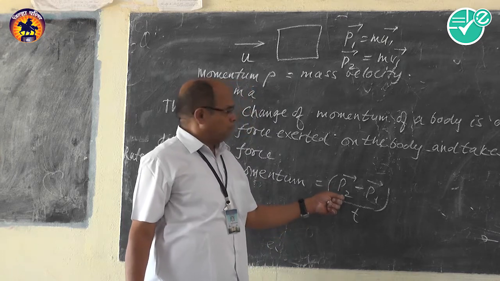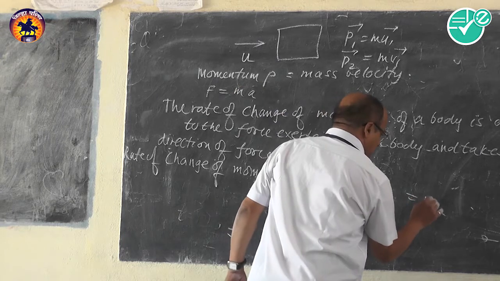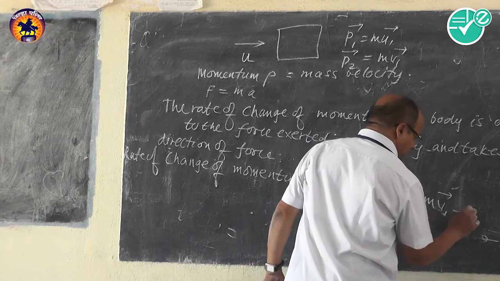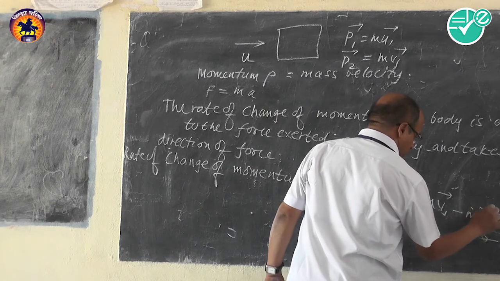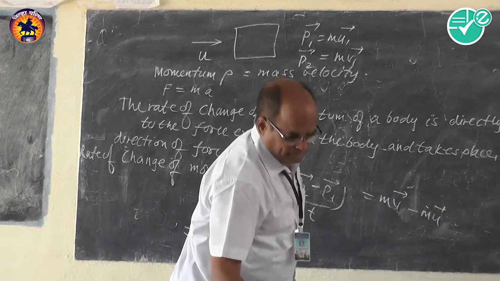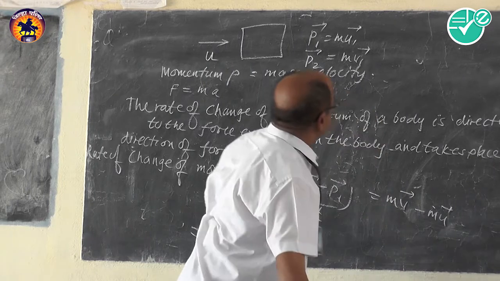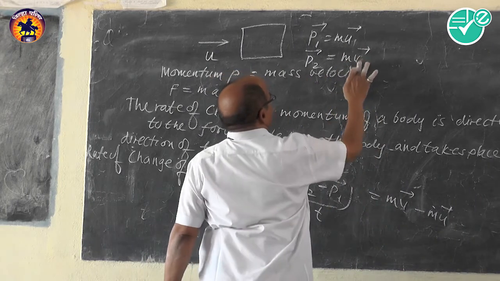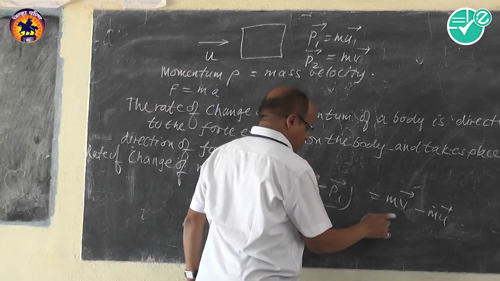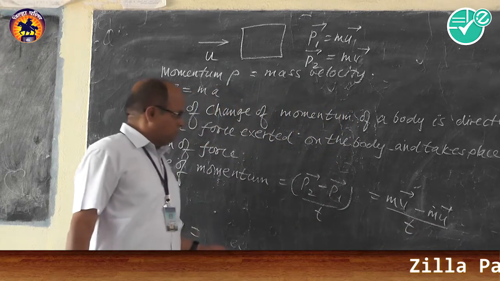But what is P2? Final momentum, that is m v minus m u upon t. I correct myself.